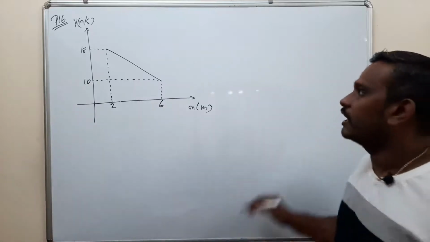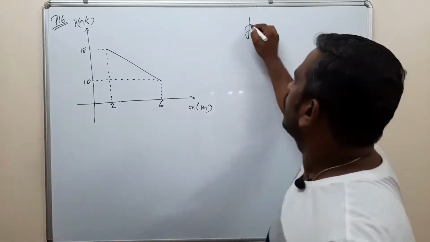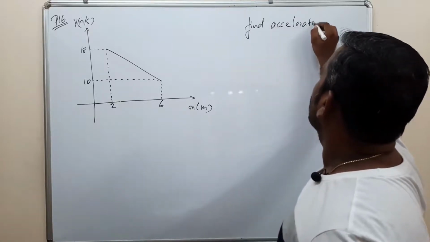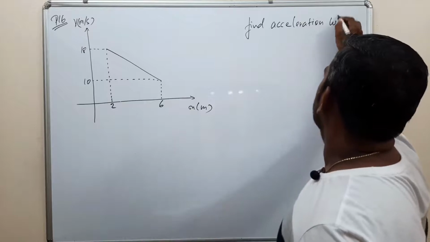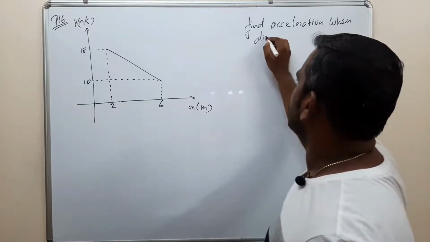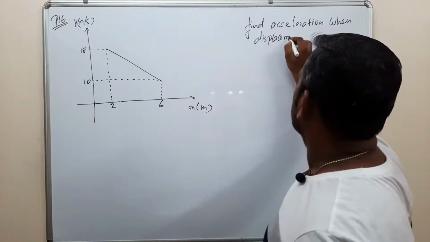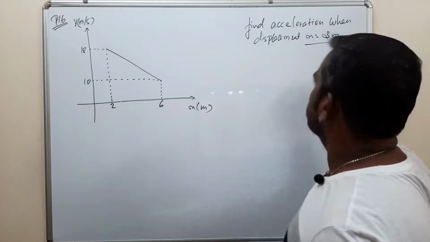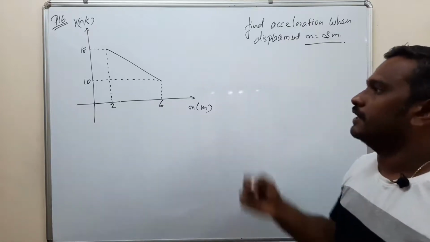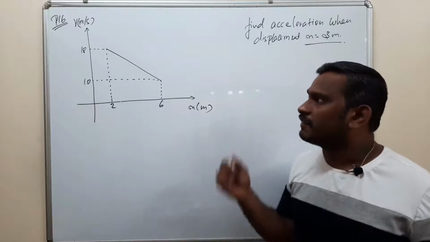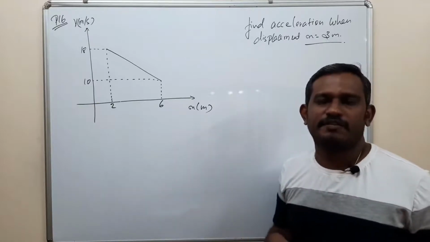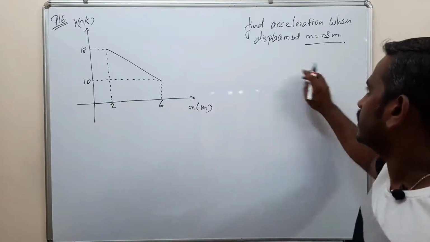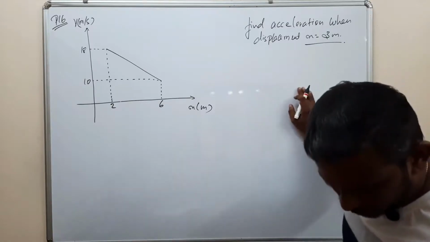So find the acceleration when displacement x is equal to 3 meter. The given graph is not a velocity time graph, but a velocity displacement graph. So we have to find the acceleration when the displacement is equal to 3 meter.